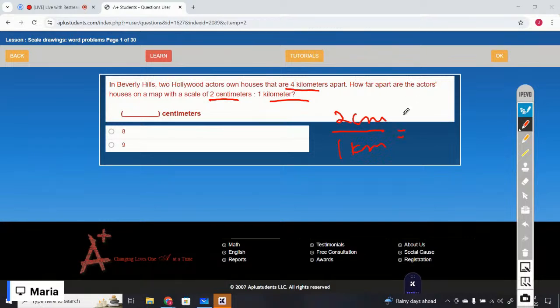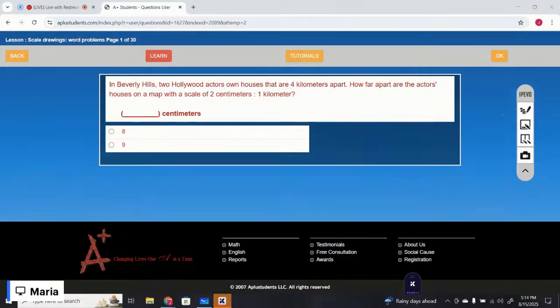Now you need to calculate, originally it is 4 kilometers, so how much is it on the scale? So 1 times 4 is 4, so 2 times 4 is 8. That would be 8 centimeter on the map.